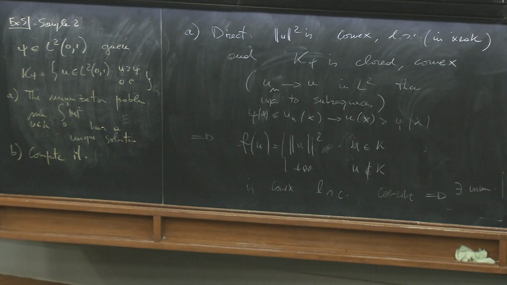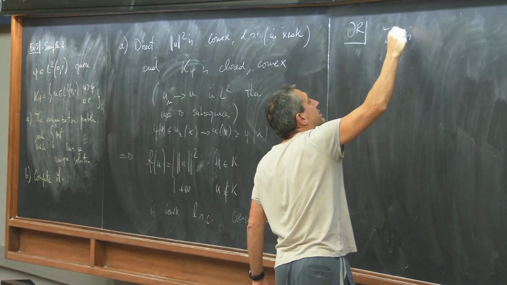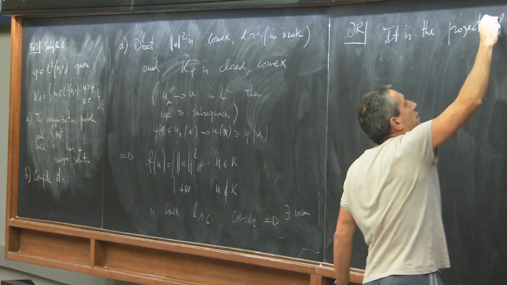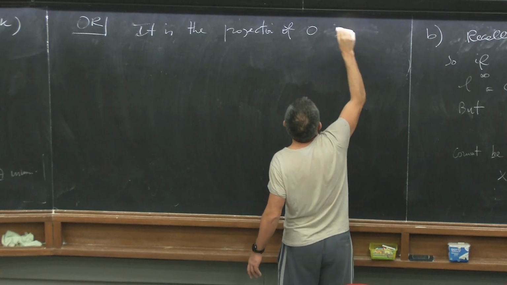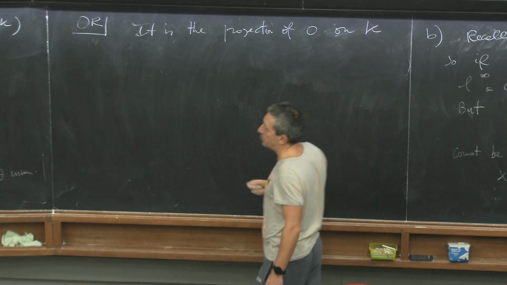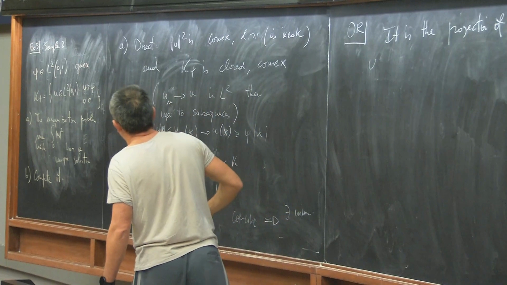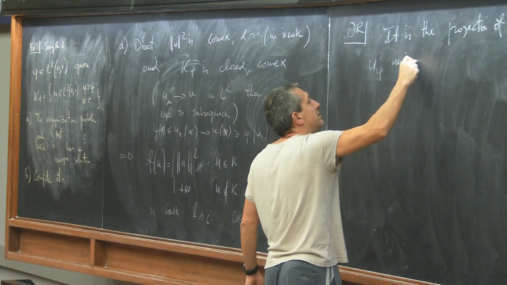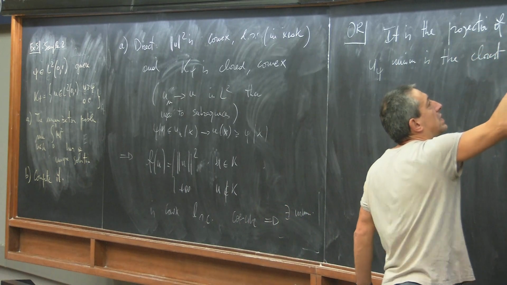Or I can do even something else. I can think that this is the projection of 0 on K. So the minimal point, u psi, my minimal point, is the closest point to 0.